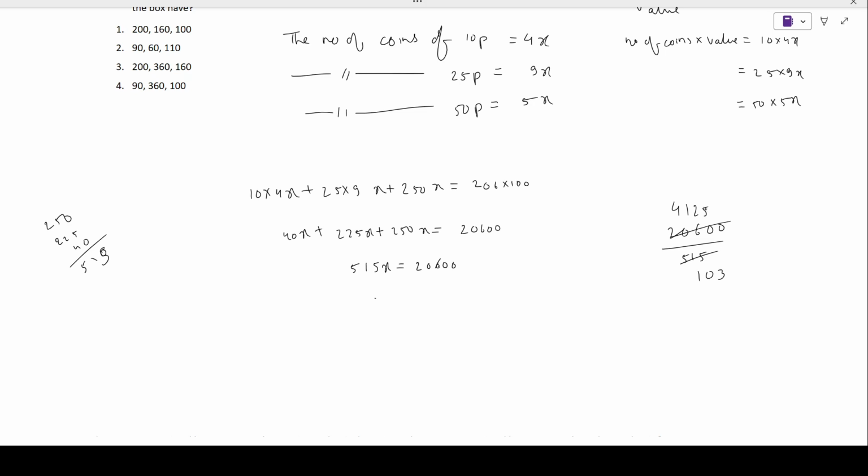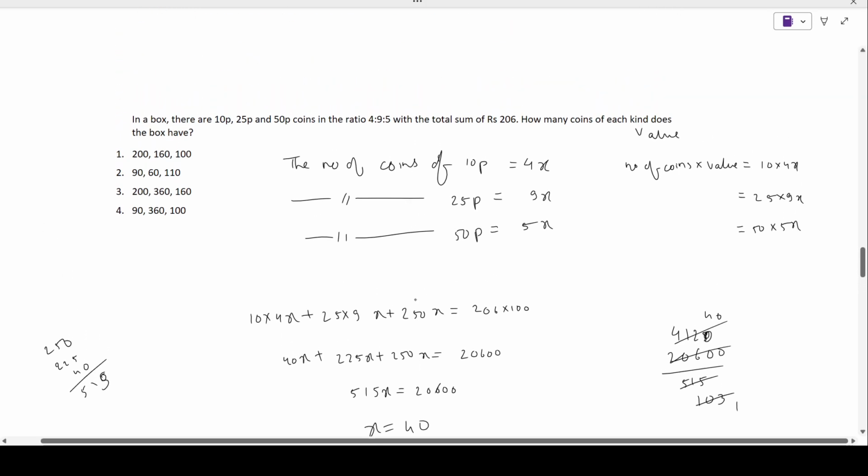This is 4120. 5 ones are 5, 1 remainder 0, 5 twos are 10. Okay, then 1 4 0. So x turns out to be 40.